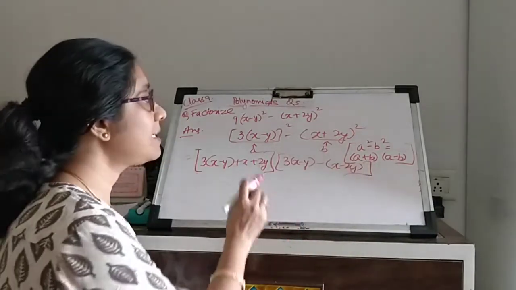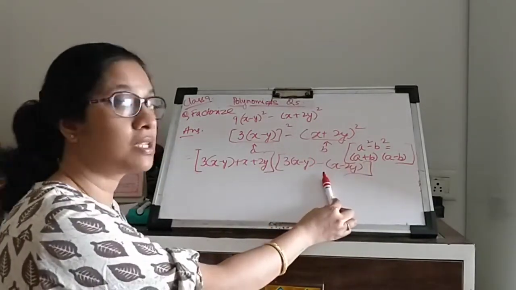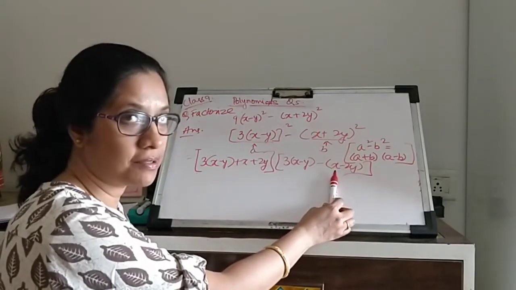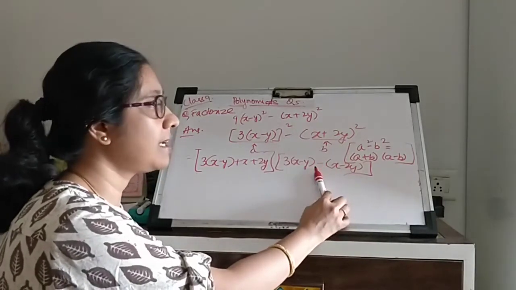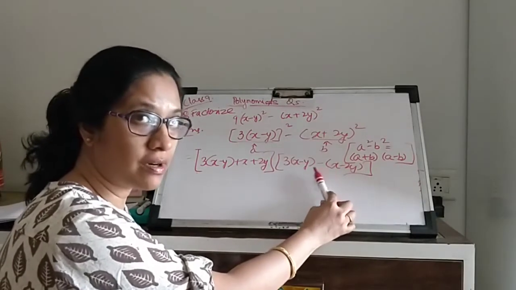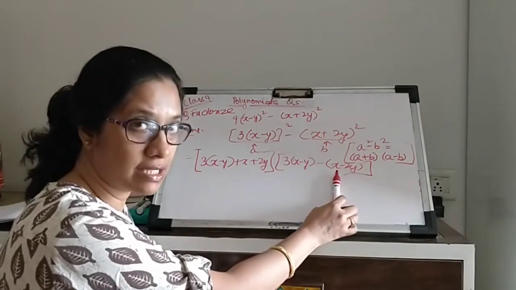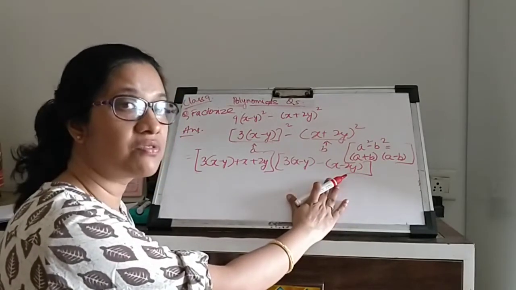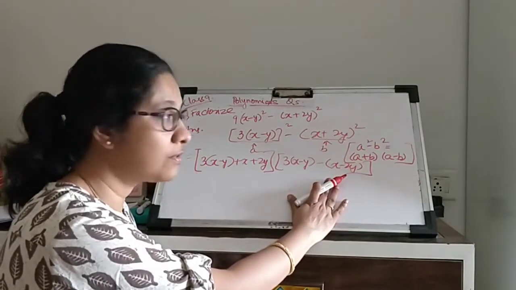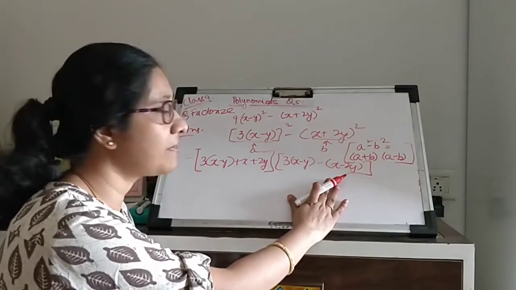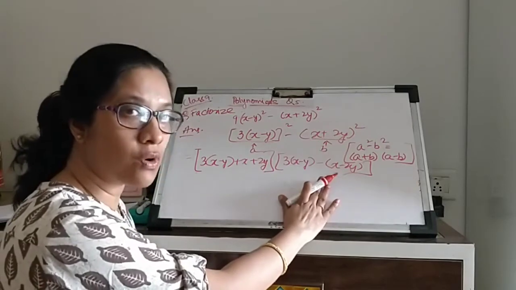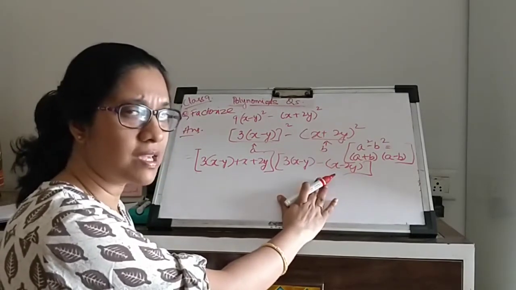Please ensure that you are putting the brackets and the signs always correctly. Any sign or bracket not put correctly will make you do wrong calculations. And in this kind of questions, it is very hard to revise. If you go wrong in one step, it will be very difficult to come back and see where you went wrong. So better focus while you're doing it and make sure you're doing it correctly.